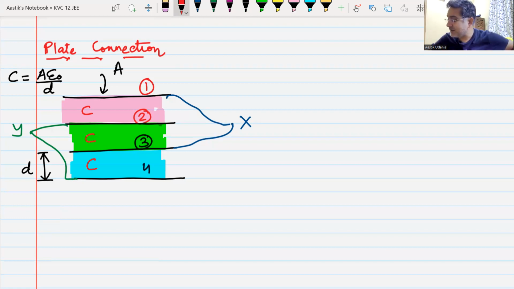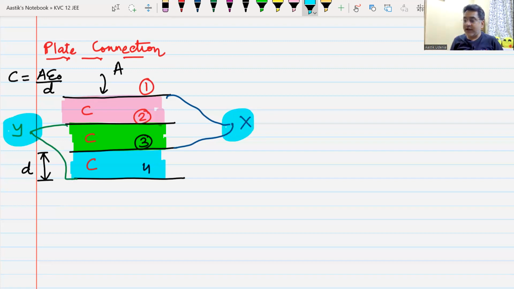Remember, I have to find the capacitance between the point X and the point Y. So basically I'm going to arrange it in a way where I understand. Now, how do I arrange this? I start from the point X and I just start connecting the plates in the way that they are connected.